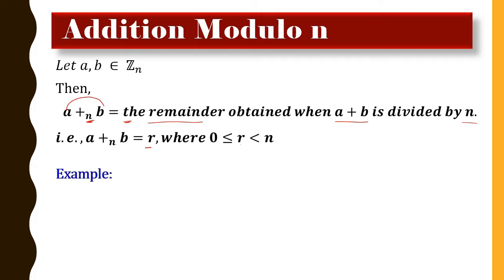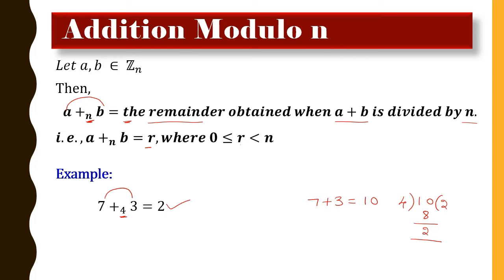For example, what is 7 addition modulo 4, 3? 7 plus 3 is nothing but 10, and you divide this 10 by 4. 4 twos are 8, so the remainder is 2.